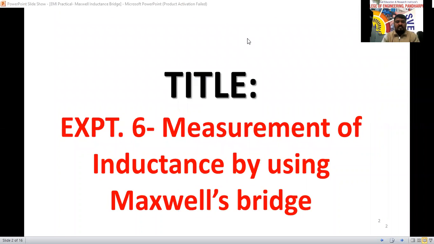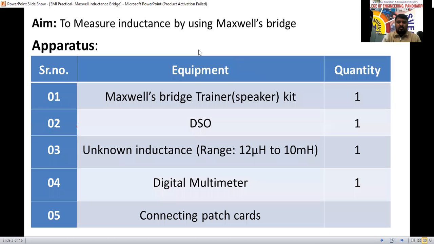So the title of experiment number 6 is measurement of inductance by using Maxwell bridge. The main aim of this experiment is to measure the unknown inductance by using Maxwell bridge. These are the components we need. If we are working physically in the laboratory, the Maxwell bridge kit is required.